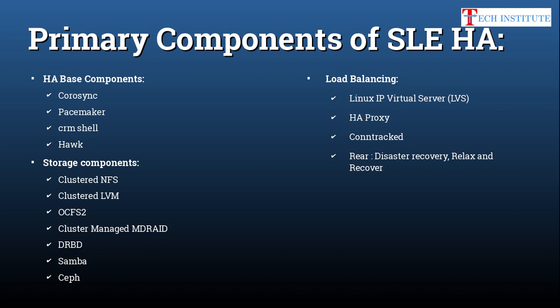They will just use this virtual IP or virtual hostname. Conntrack is a user-space tool for stateful packet inspection in your iptables. And ReaR is a disaster recovery solution, where the name stands for Relax and Recover.